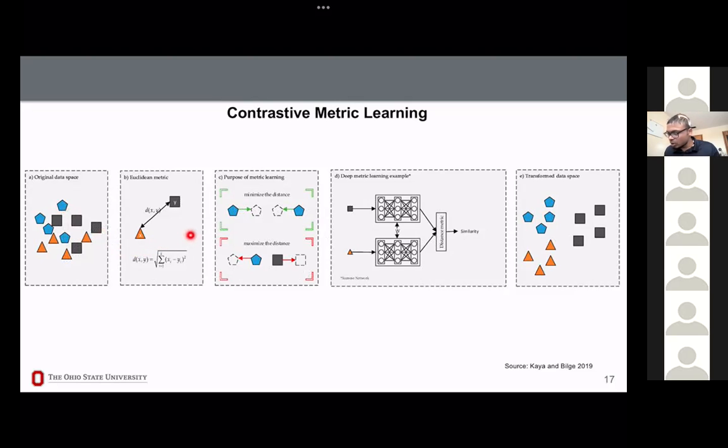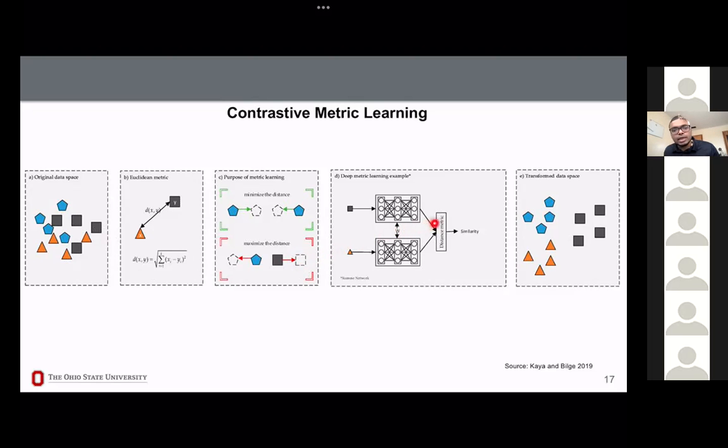Normally we have this notion of Euclidean metric, which could be the L2 distance. The purpose of metric learning is to find a metric space. Originally it was just linear, finding a linear transformation, the original formulation of this problem. Under that linear transformation, the similar points should cluster together, and dissimilar points should be pushed apart.